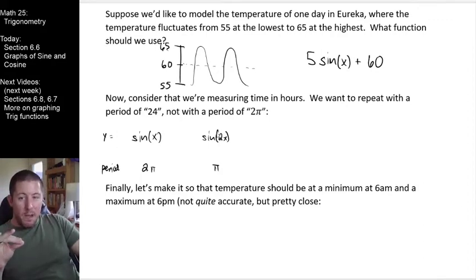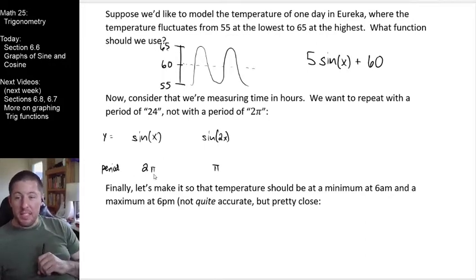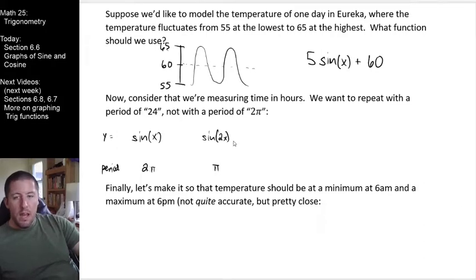Overall, I kind of want to make my period longer, but one of the things I'm noticing is that pi keeps on showing up in here, and that's kind of really aggravating for me. Maybe I can think to myself, I don't want there to be any pi in my period at all right here. So I'm thinking maybe if multiplying by 2 inside divided our period by 2, I could multiply by pi on the inside now, and that should divide our period by pi.